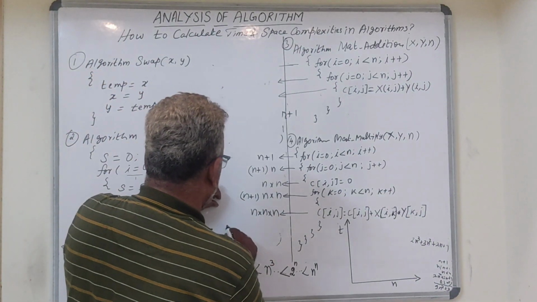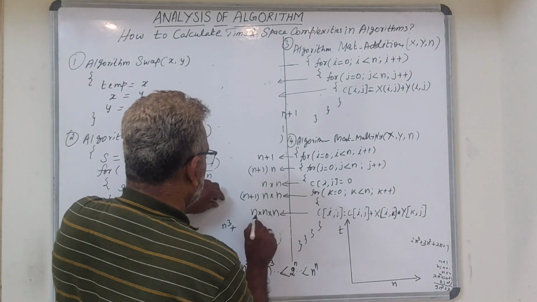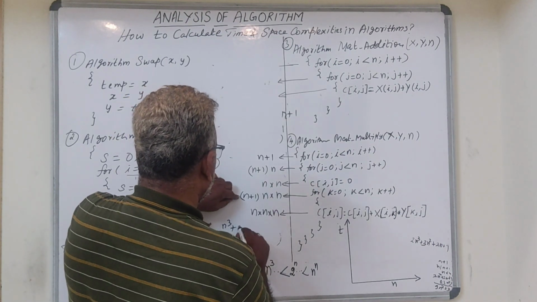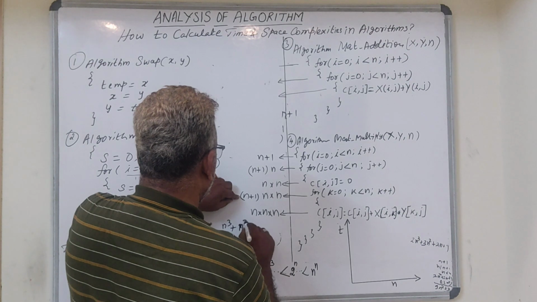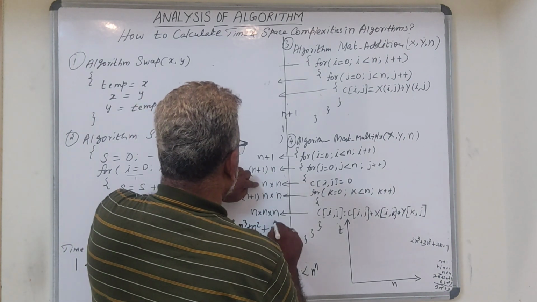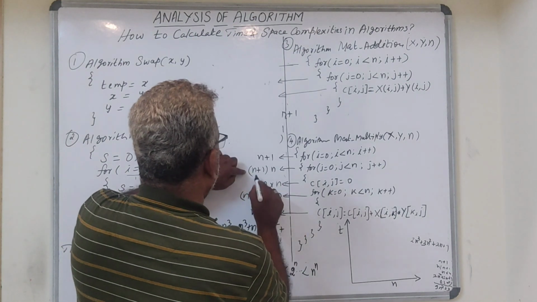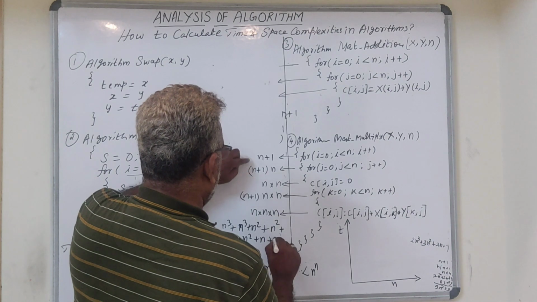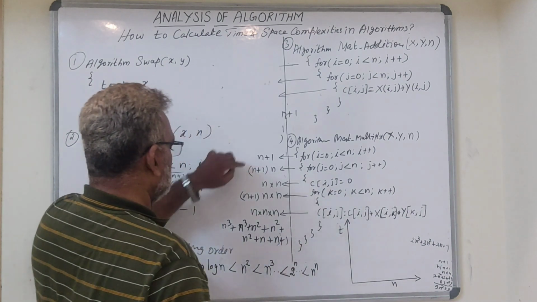So it is n cube, this is n cube. So here we have the n cube plus n square, and this is another n square. So here we have n square plus n, and here we have n plus 1.